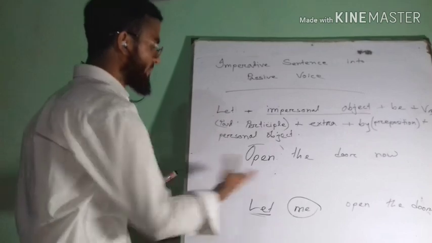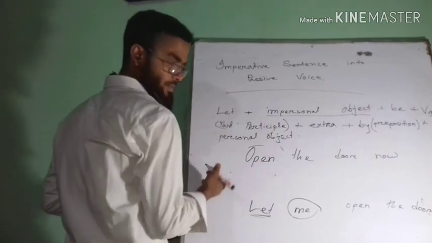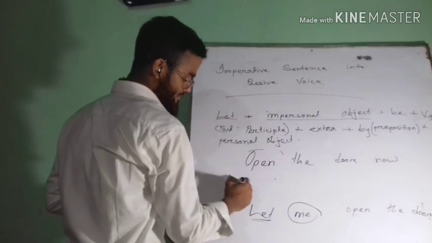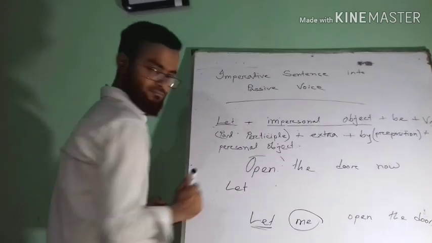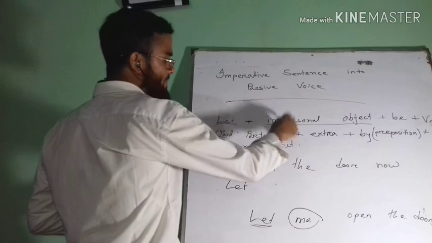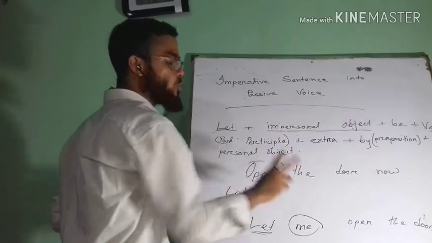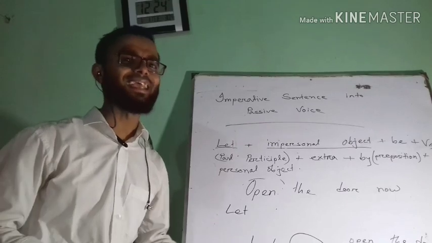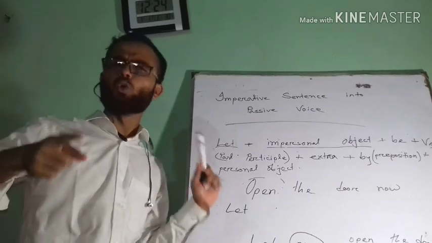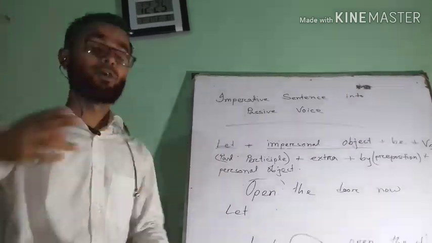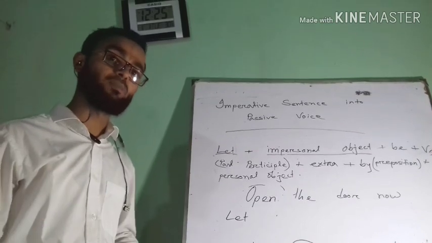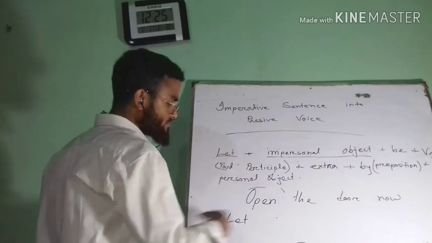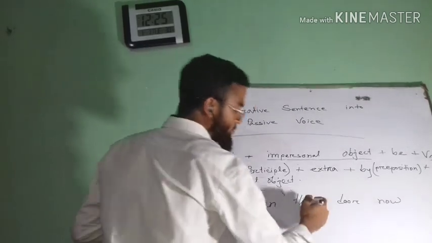Let's see how we can change the sentence. First of all, we use let at the beginning of the sentence. Then after let we use the impersonal object. Here there is only one object, so you use that object as the impersonal object. The object is the door.